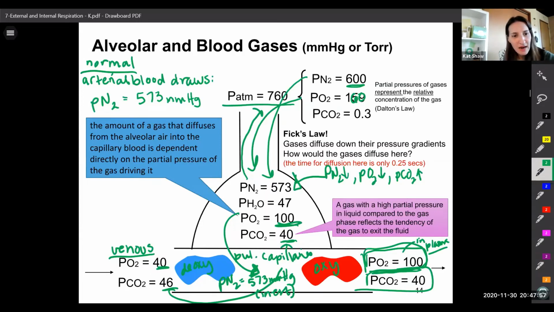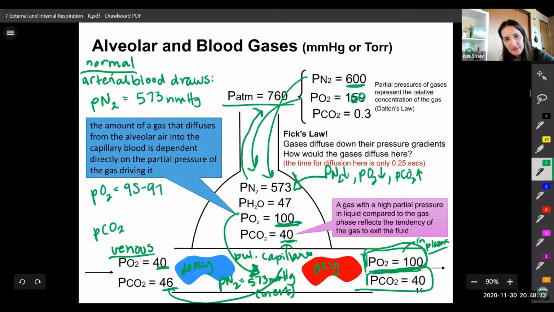Then we have partial pressure of oxygen and partial pressure of CO2. Partial pressure of oxygen within your arterial blood will be around 95 to 97 millimeters of mercury. Keep that in mind. Notice that here we show that at first it's at 100 millimeters of mercury. And that's true.